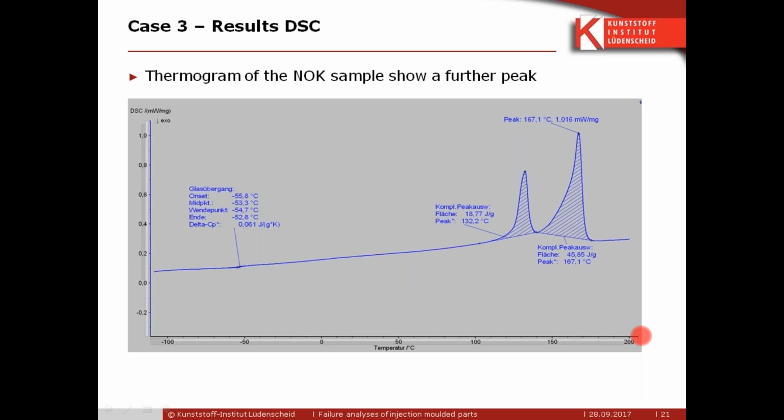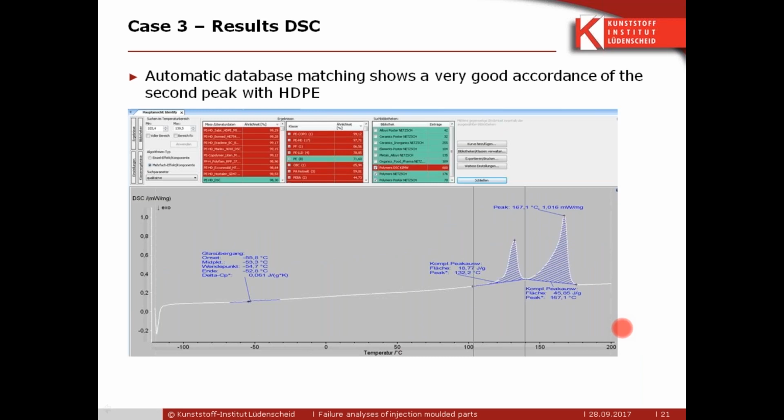That gives us the information that, well, it's not really a quantification, but it's more than just 1 or 2% of this material. Moreover, we got a glass transition at minus 54 or 55 degrees.